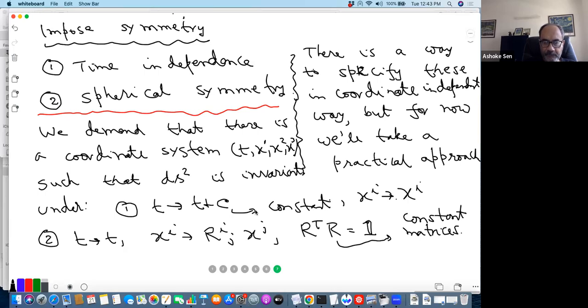What we said is that we are trying to look for a time independent and spherically symmetric solution. And our definition is that those solutions must have a coordinate system in which the solution is manifestly independent of time and manifestly invariant under rotation.